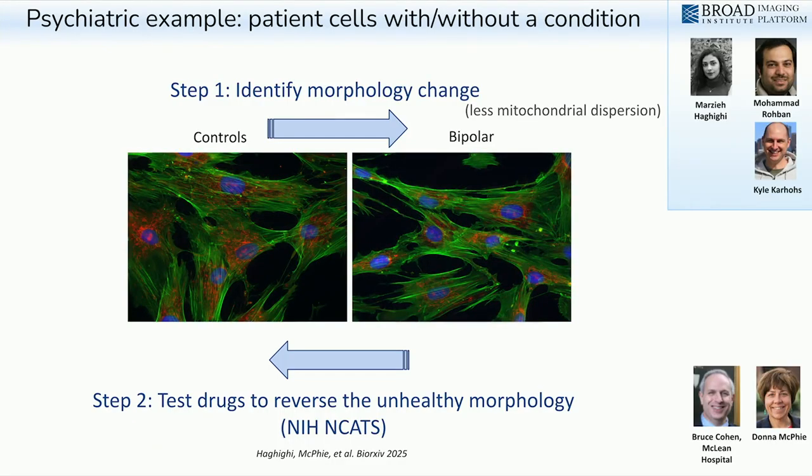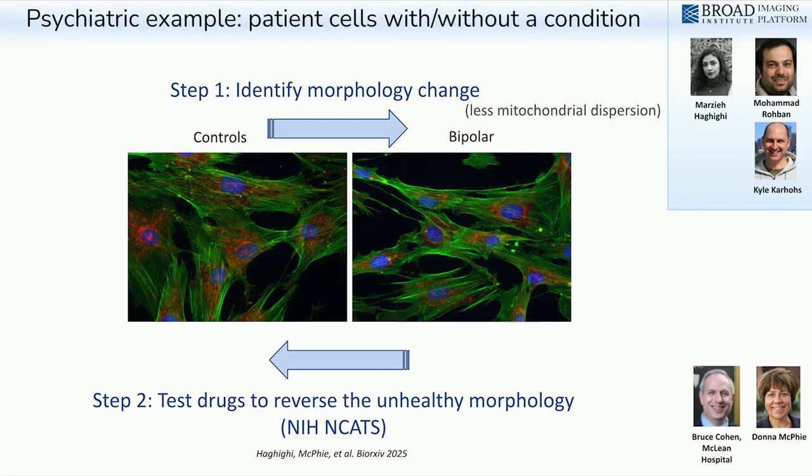For some disorders, psychiatric mental conditions are really challenging because there's not single gene causative mutations. It is also the case that we don't have great polygenic risk scores for them yet. And so in this experiment, which we just put on bioRxiv, we took patient cells. This is led by Bruce at McLean Hospital here, one of the premier mental health facilities in the region.